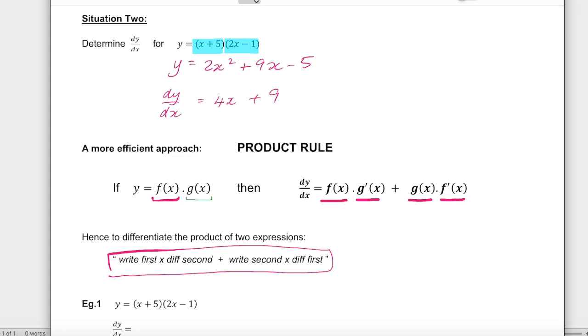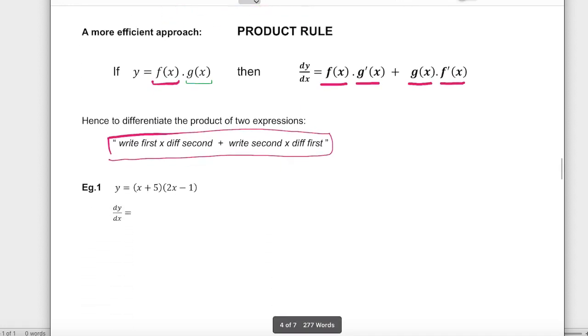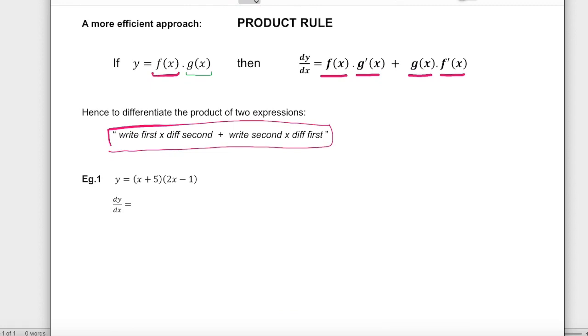So let's see if we can put this into action with our original function and see if we get a derivative of 4x + 9. Okay, so we're going to write the first function times the derivative of the second function, so the derivative of 2x - 1 is 2, plus write the second function times the derivative of the first function, and the derivative of x + 5 is 1.